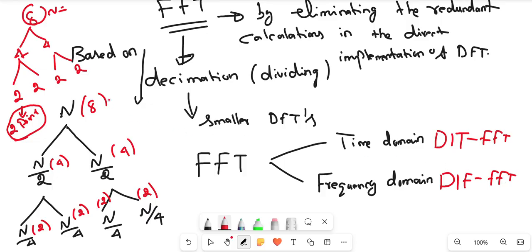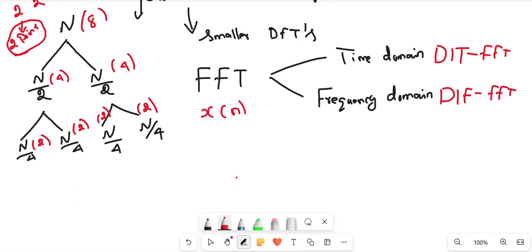We divide the N-point input sequence x of n into even and odd samples, splitting the input samples into two N by 2 point DFTs.